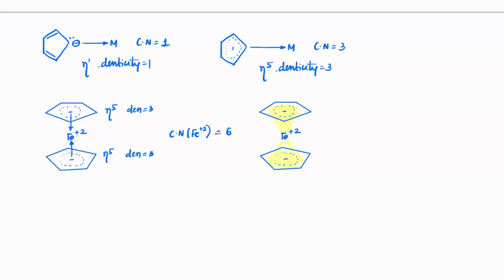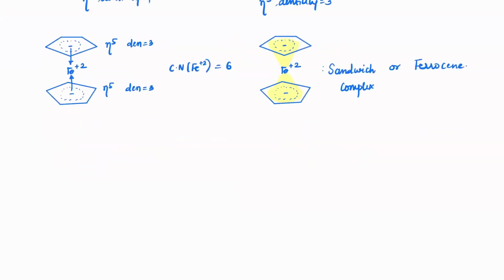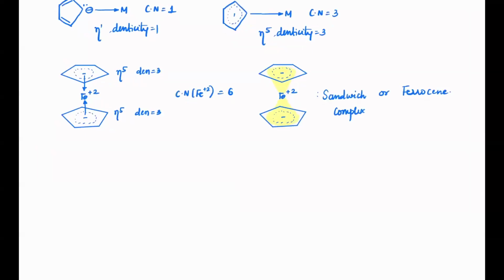This is how it appears. This is also called a sandwich complex, or its actual name is ferrocene. Just like kerosene, remember ferrocene. Ferrocene means with iron. Got it?